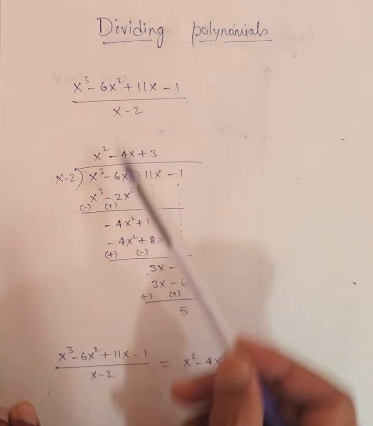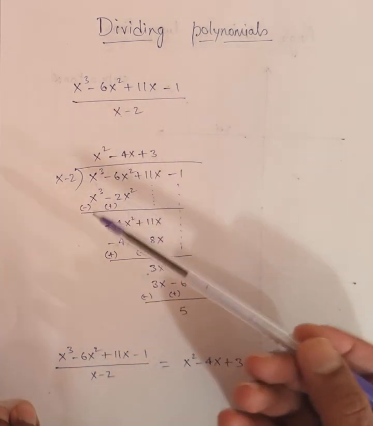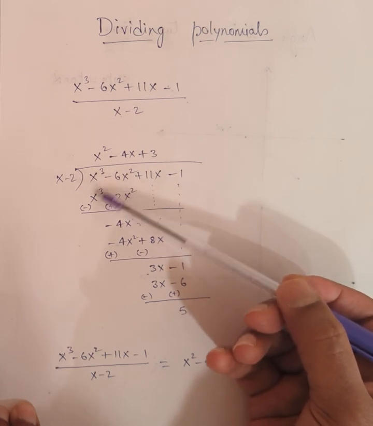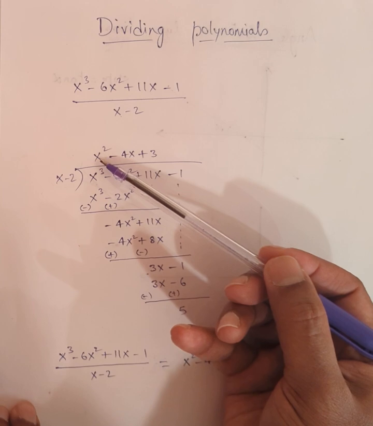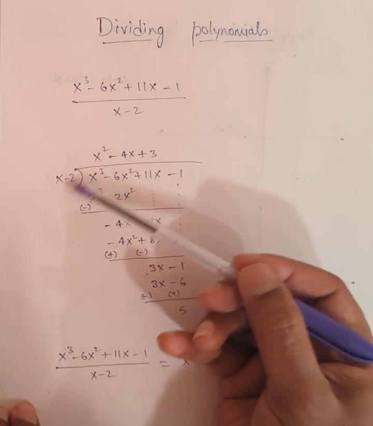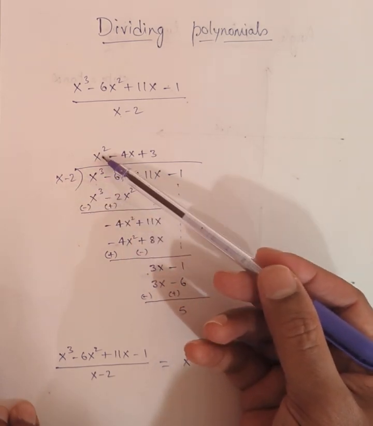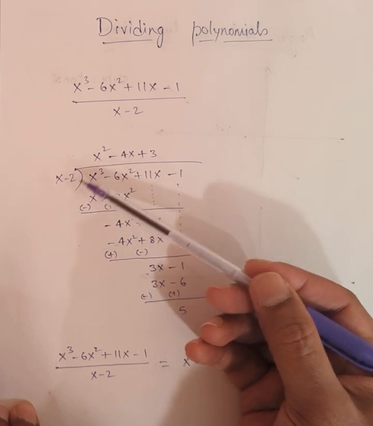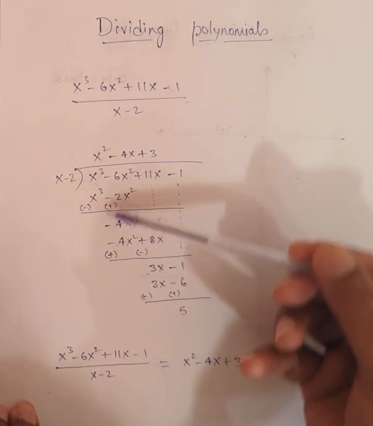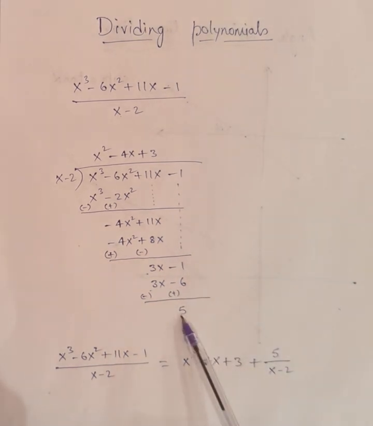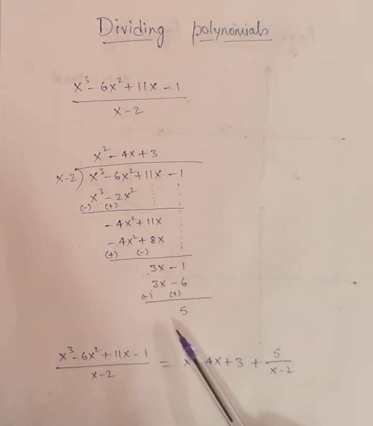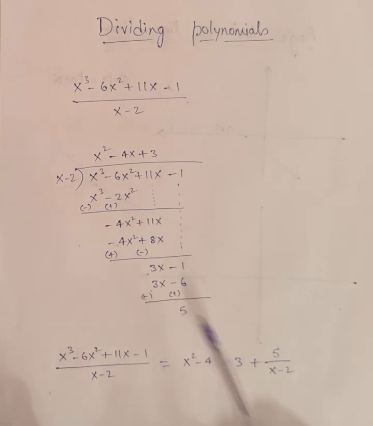Then we wrote the dividend up here, and we wanted to divide term by term. How do you get rid of this x cubed? You have to have x squared there, because x squared times x would give you x cubed, and then x squared times negative 2 is negative 2x squared. You subtract, and then finally you get some remainder if you get one. Otherwise, you will get a remainder of 0.